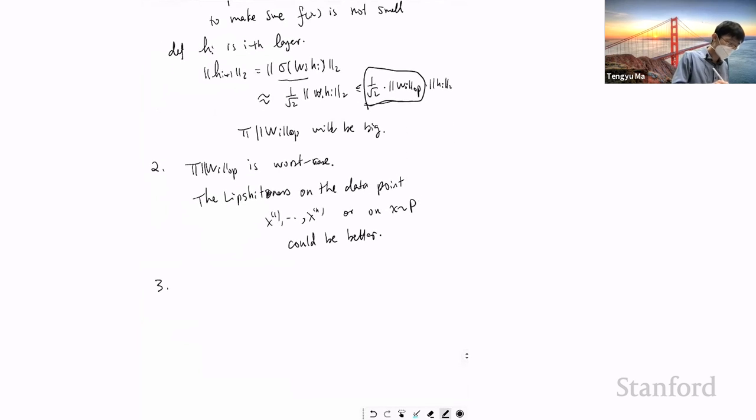Another thing, which we'll discuss in later lectures, is that it turns out SGD prefers flat local minima. This is something we widely believe, and in certain cases we can prove it. Roughly speaking, a flat local minimum is like the Lipschitzness of the model on the empirical data.